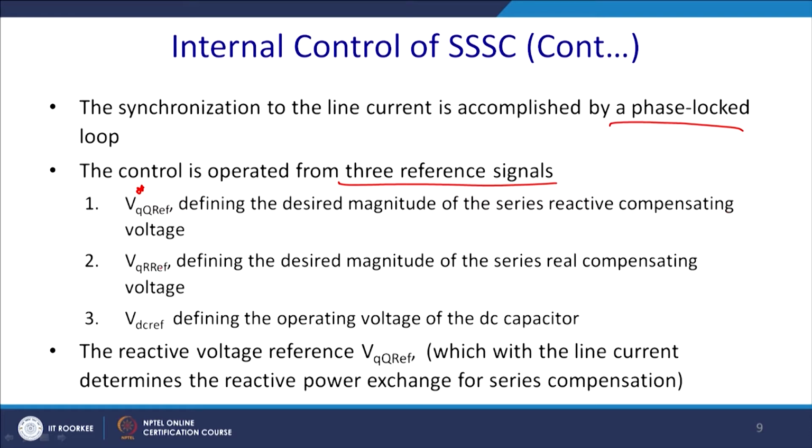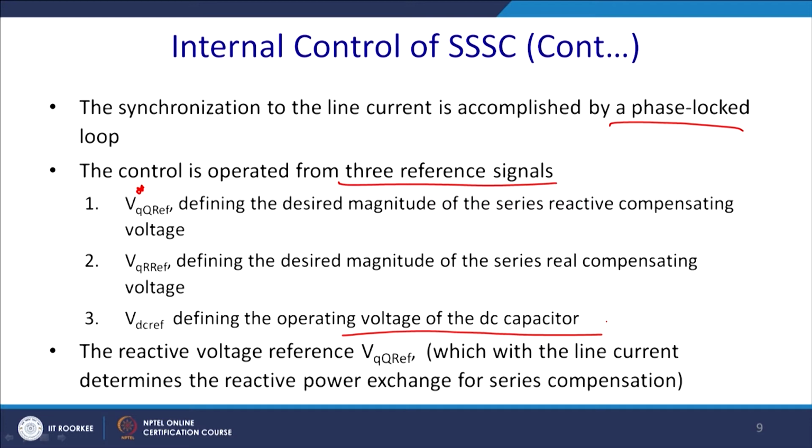The second is VQR reference, which defines the magnitude of the series real compensating voltage. In practical cases it should be 0, but to meet the losses this has to be fed. And the third is the DC reference, defining the operating DC bus voltage of the capacitor.